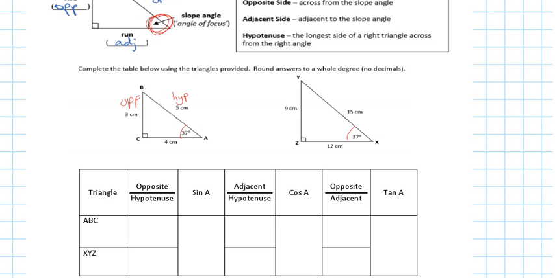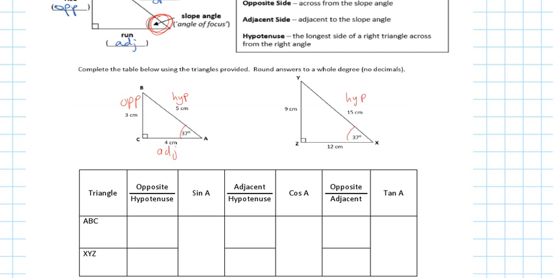The 4, okay? Same thing with this triangle XYZ, right? The 15 centimeter is my hypotenuse because that's the one across from the 90. The opposite is 9 because that's across from 37. And the adjacent is the 12.